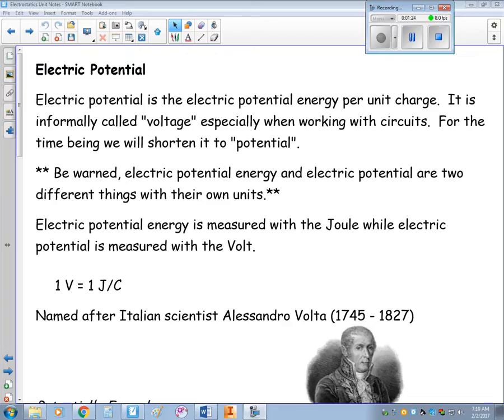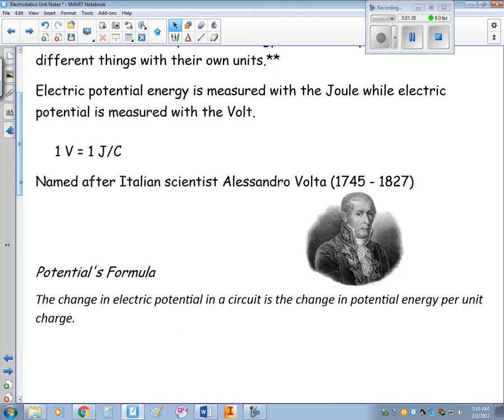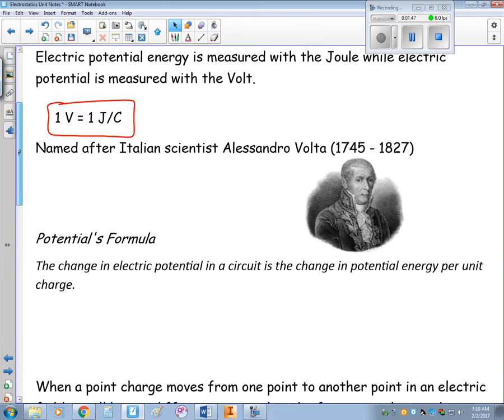Electric potential energy is measured with a joule, where electric potential is measured with a volt. So 1 volt will equal 1 joule per coulomb. This was named after Italian scientist Alessandro Volta.